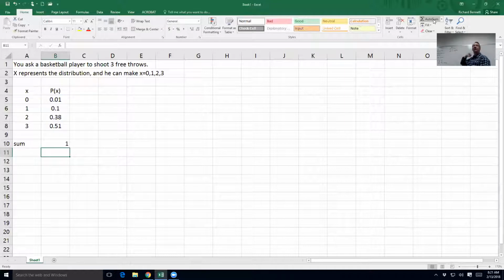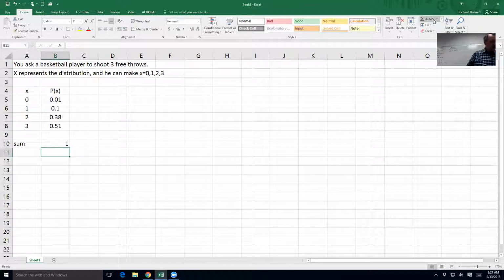Mark off the first rule. How about the second rule? Are all my probabilities between 0 and 1? So is this a legitimate probability distribution? It is. What kind of probabilities are these? Theoretical, empirical, personal? Empirical, right? We measured them, doing this a bunch of times.